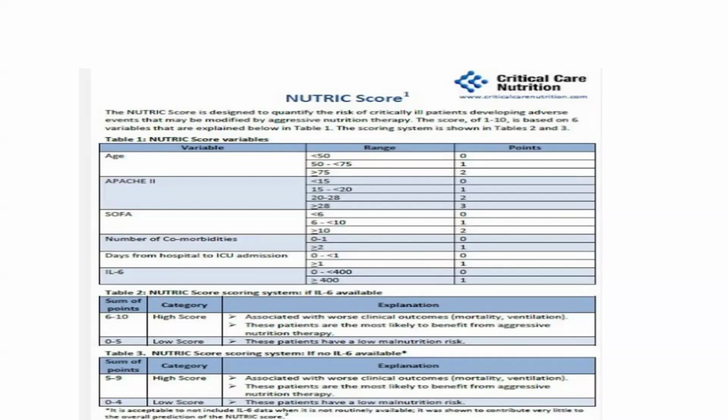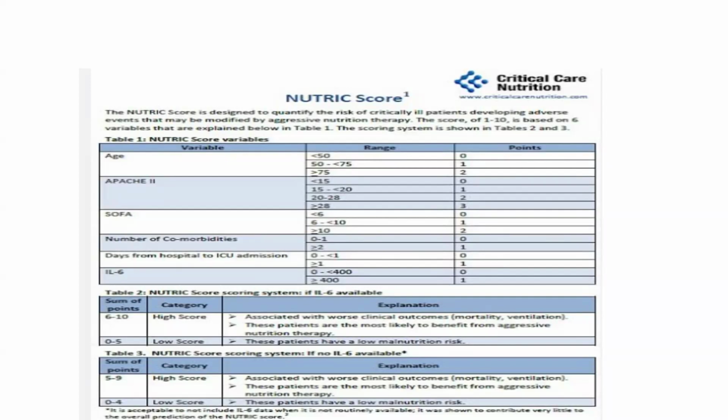If the number of comorbidities is 0 to 1, 0 points. More than or equal to 2, 1 point. Days from hospital to ICU admission: 0 to less than 1, 0 points; more than or equal to 1, 1 point. Interleukin 6: 0 to less than 400, 0 points; more than or equal to 400, 1 point.